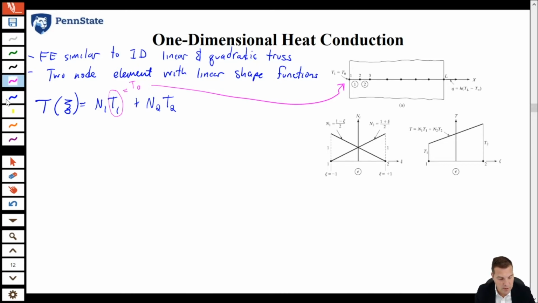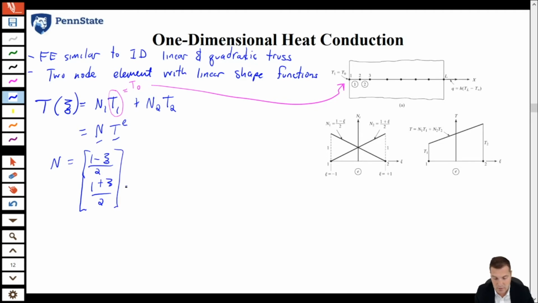We can also write this in matrix form, so T and the temperature of the element, so two vectors, and in this case N is equal to 1 minus psi over 2 and 1 plus psi over 2.